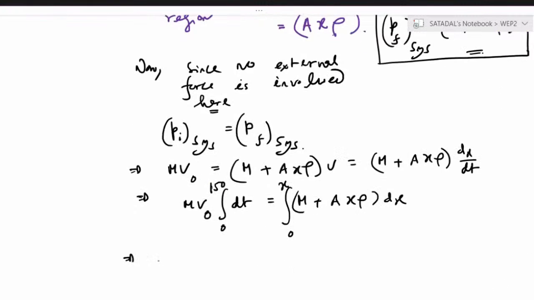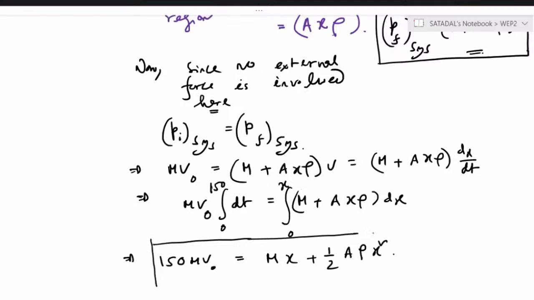So what we are going to get? 150 M V naught is equal to M x plus half A rho x squared. If you solve this equation, you will get the answer. This is a very new, unique kind of question actually.